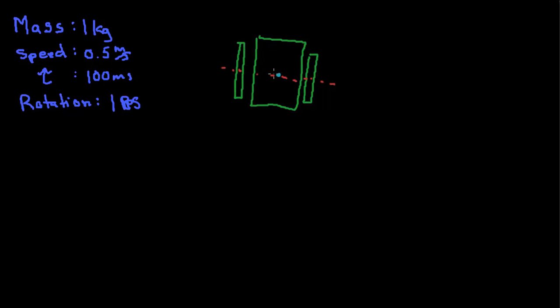Say the robot was spinning on its axis here. Its wheels would have to travel something like this for the robot to spin around. So the right wheel would be spinning forward, the left wheel would be spinning backwards, and it would rotate around like this. This can be described by the robot's axle length, which we'll denote D.